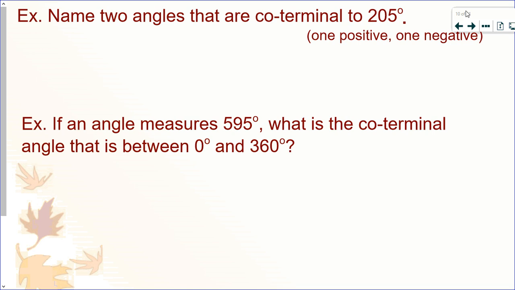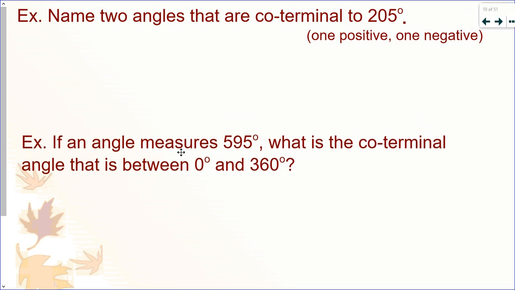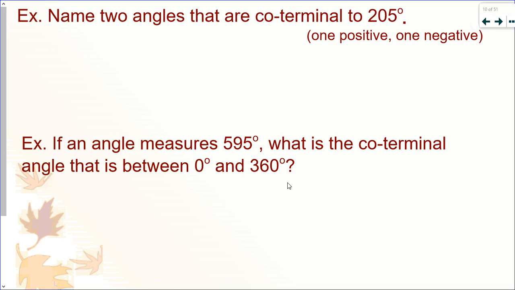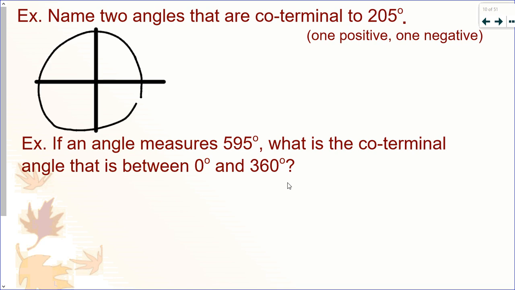Okay, so let's name two angles that are coterminal with 205. So I'm going to need a unit circle for this. If we look at first quadrant, second quadrant, third quadrant, and the fourth quadrant, where is 205?